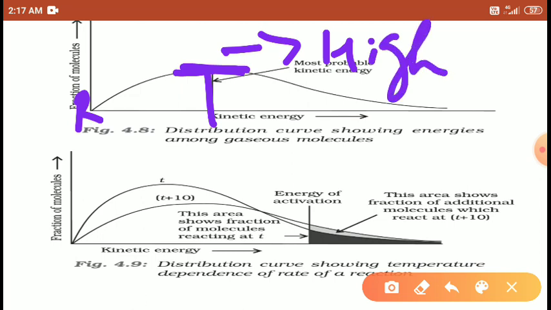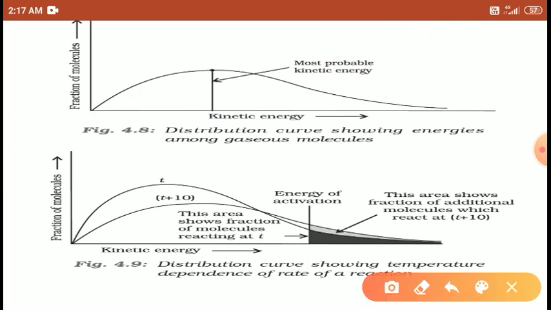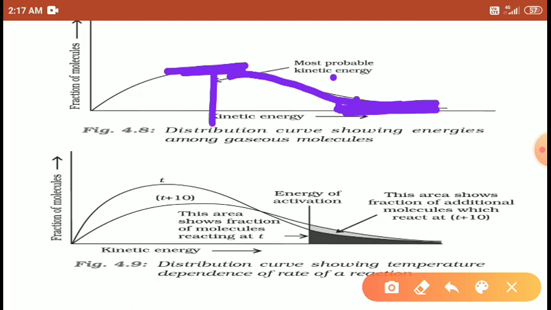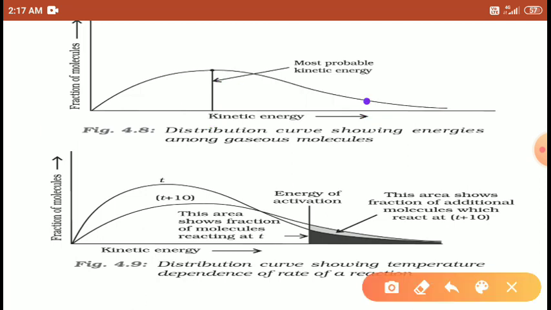After that, at the most probable kinetic energy, they turn into the respective products. The product is formed here, right, students?